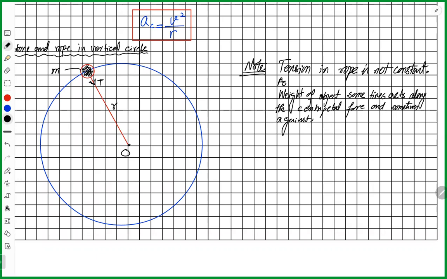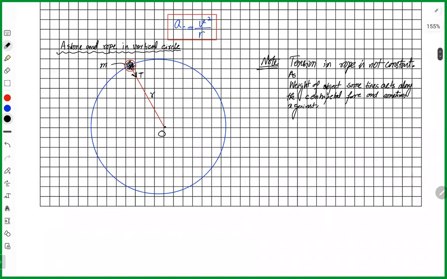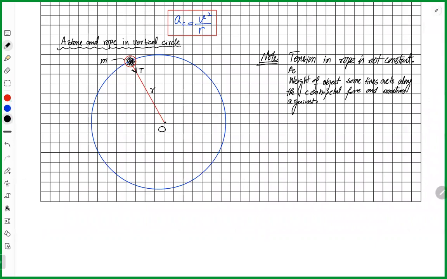Now it is all about weight and the position of the mass.